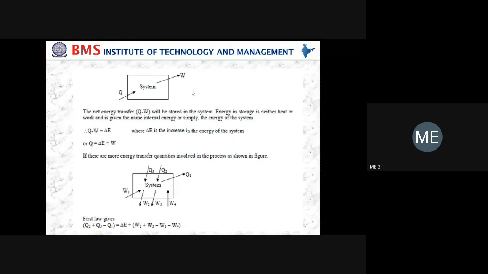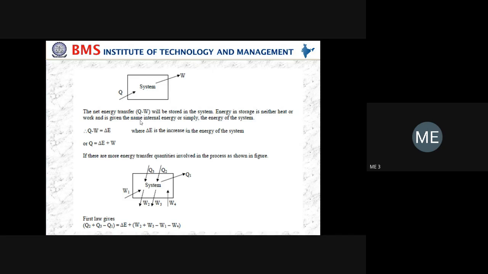So the net energy transfer is given by Q minus W, and the energy in storage is neither the heat energy nor work energy. Remember, whatever the net energy accumulated within the system is neither heat energy nor work energy. We call it the internal energy, or simply the energy of the system. Q minus W, that is the net energy transfer, equals the change in energy, that is nothing but delta E.